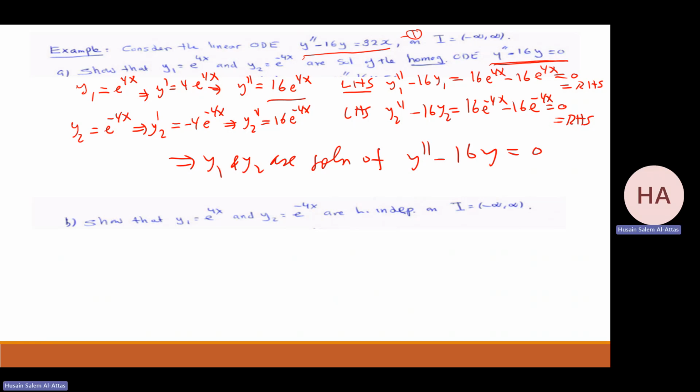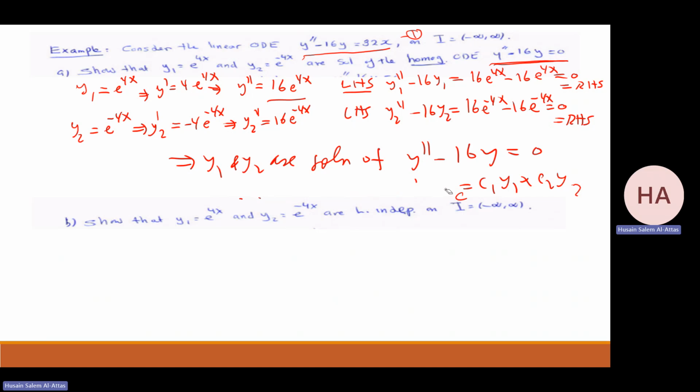Okay. So the general solution for the homogeneous is y equals c1 y1 plus c2 y2, what we call yc. Not now.